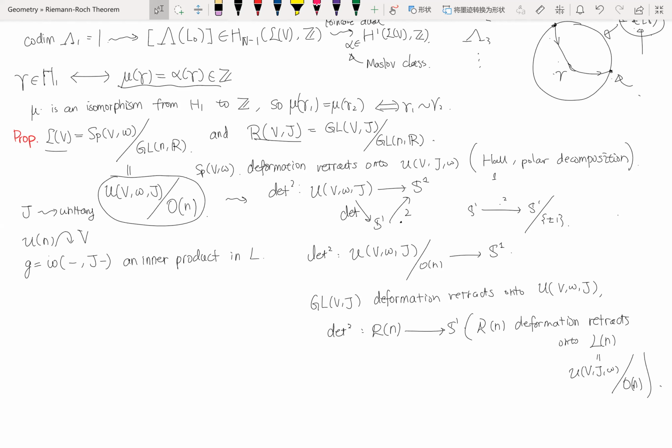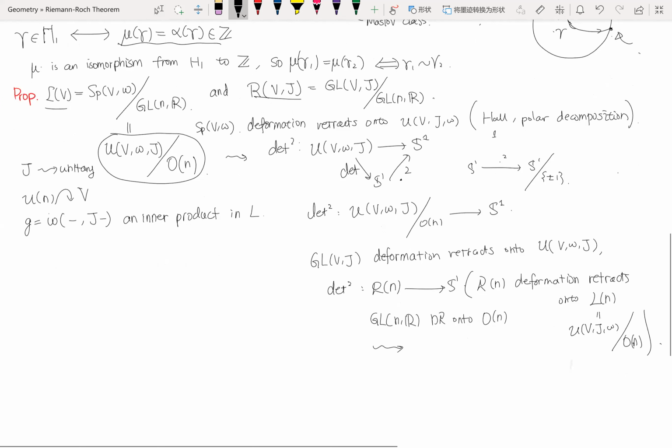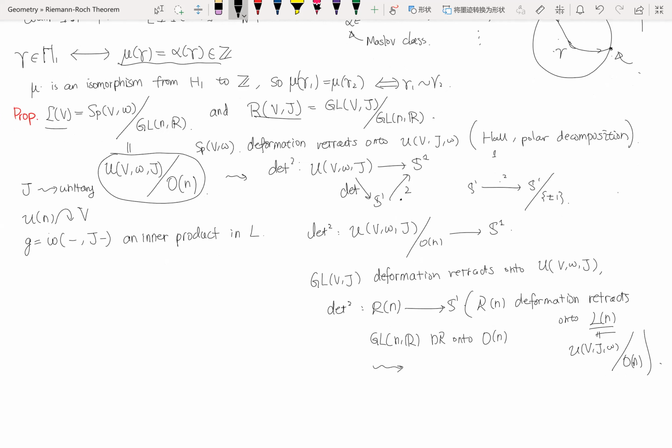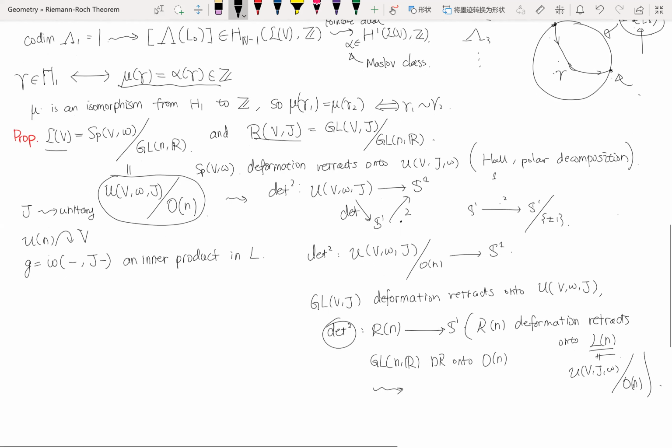And we know that GL(n, R) also deformation retracts onto the space of orthogonal groups. So we will obtain that the quotient also deformation retracts onto the quotient. So we know that Rn deformation retracts onto Ln, and the determinant squared will give the Maslov class.